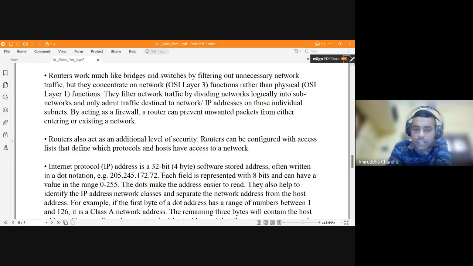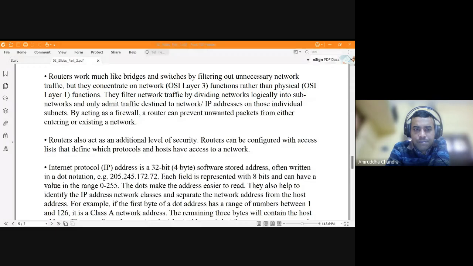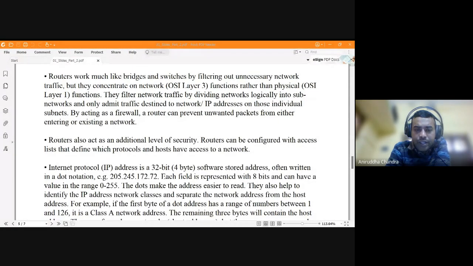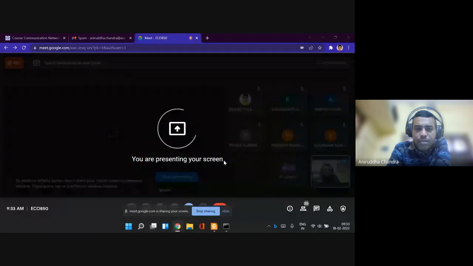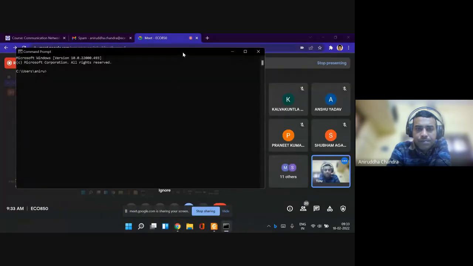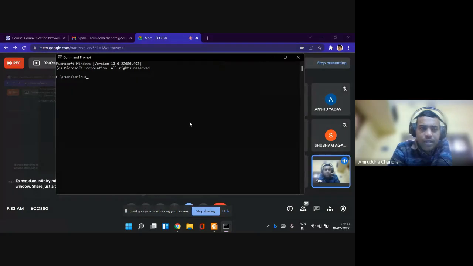So today I will just go once again with my computer. I will share my whole screen, and I can show you how the IP address looks like. So I hope now you can see the whole screen. And in the screen, I am going to type ipconfig/all.